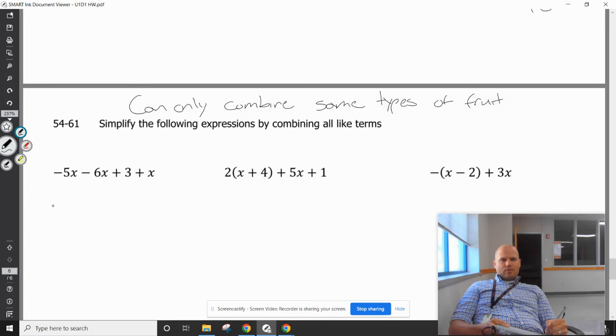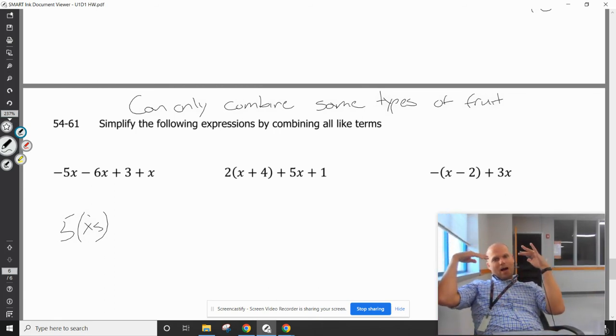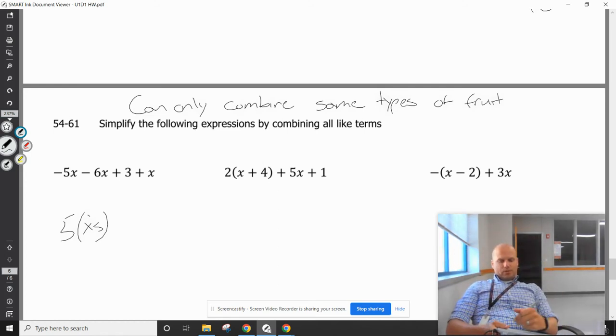That means you have like 5 of these x's. What are the x's? I don't know. Could be a number, but let's just keep it as x. Let's call them apples. Now, I owe 5 apples. Okay? I also owe 6 apples, but I have 1 apple. I owe 5, I owe 6, I have 1.